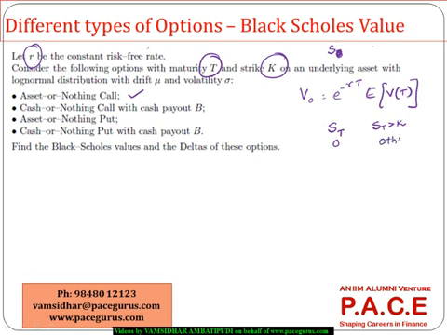So this is the logic. First of all, I am trying to understand the value: it is ST, and this will become the value at time T. It could be either ST when ST is greater than K, or 0 otherwise.